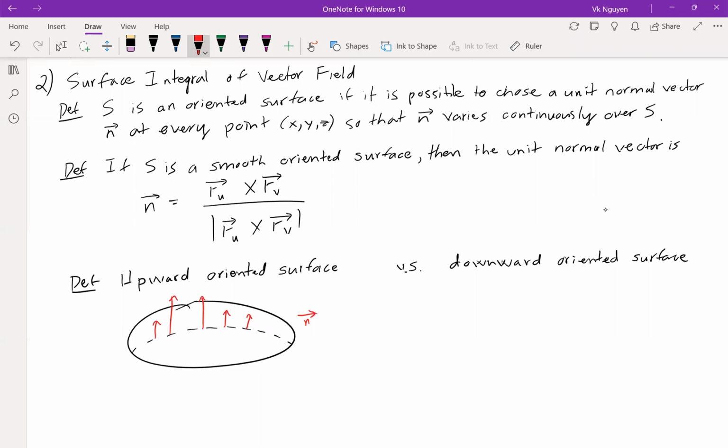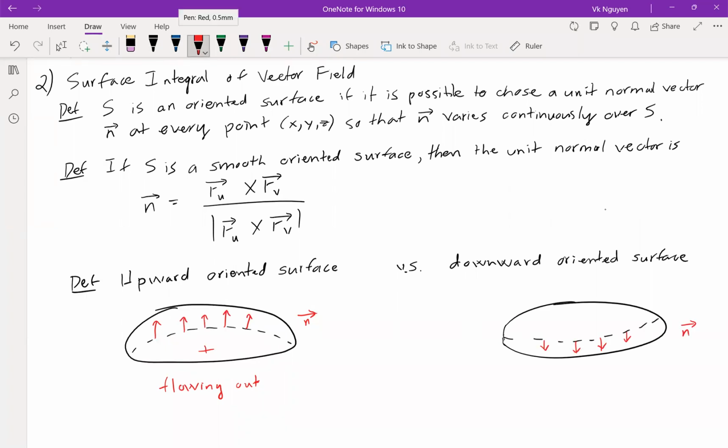When the normal vector is pointing up, we have a positive integral, and a lot of people would say flowing out. You're going to see why it flows out a bit later. Same thing here for downward: when the unit normal vector is pointing down, you have to put a negative in front of the integral, and that means flowing in.